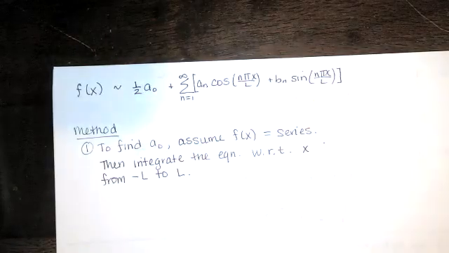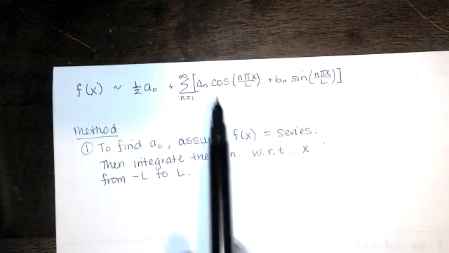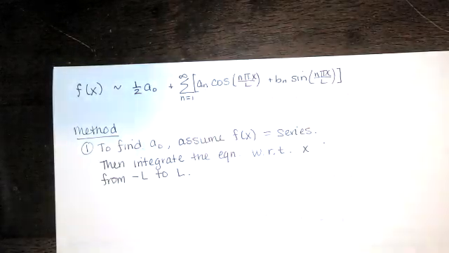You're kind of doing that infinitely many times, but you're doing it in one fell swoop, because we will just integrate this expression with respect to x on the interval from negative L to L.